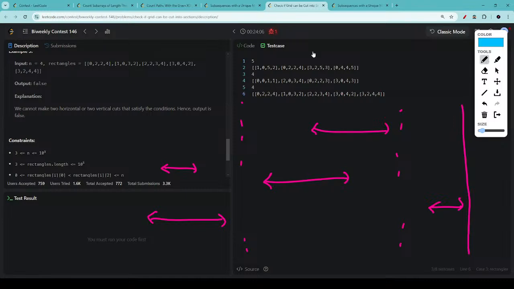If you draw it out, all these points look like this. So draw out 1, 2, 3, 4, 5. Draw out the 5 rectangles. The 5 rectangles look like this. 0, 2, 2, 4. This is the first one. 1, 0.